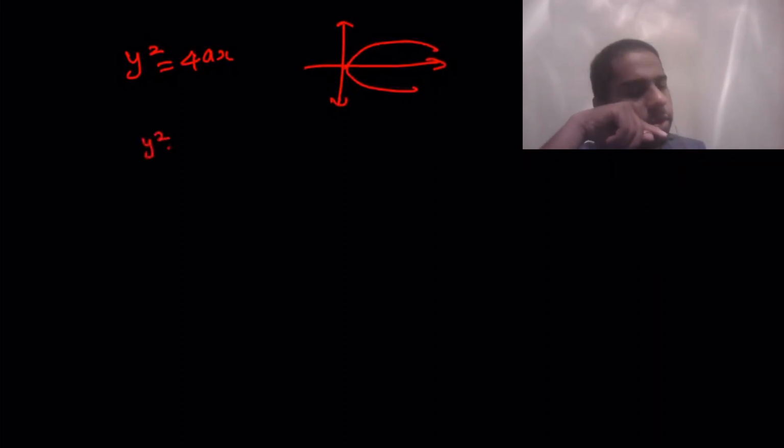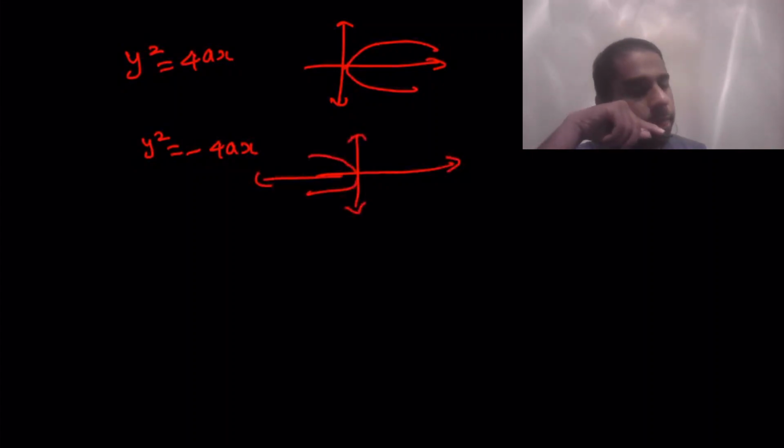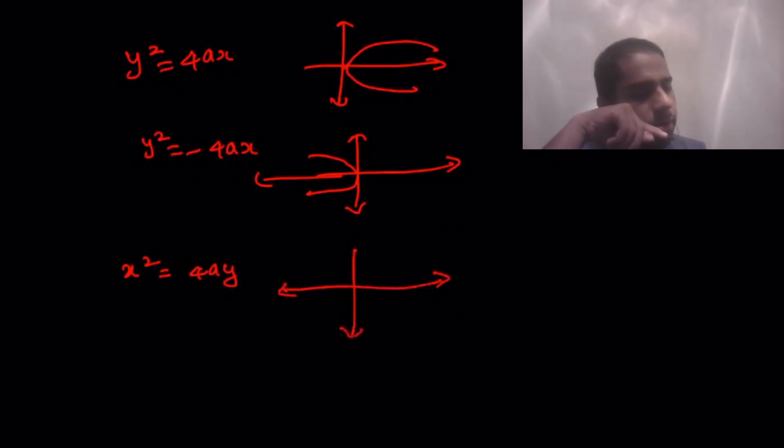For y square equal to minus 4ax, you get parabola like this. For x square equal to 4ay, you get parabola like this.